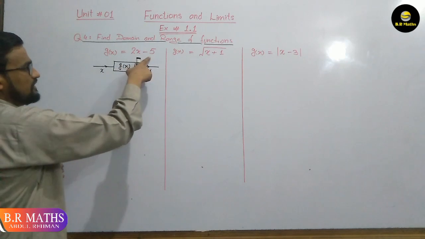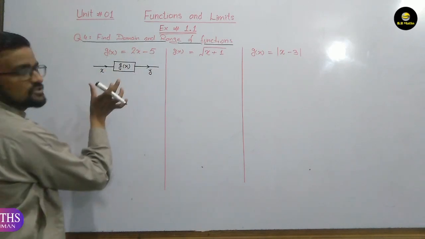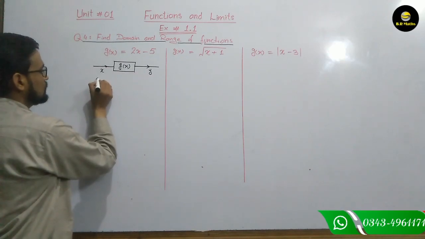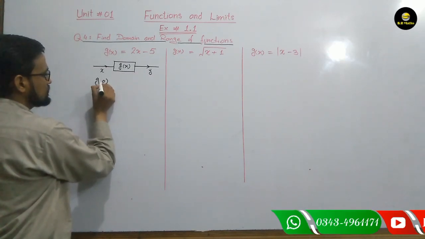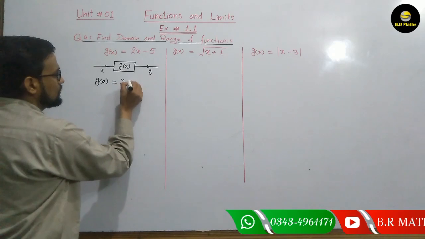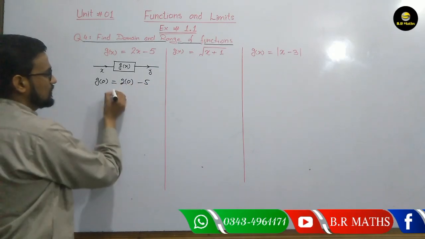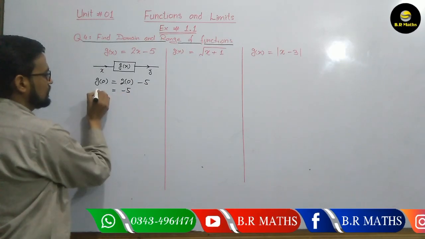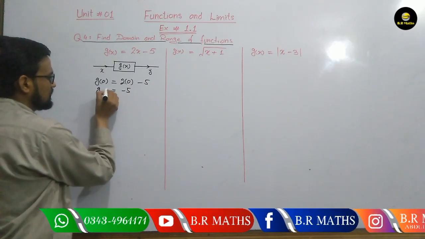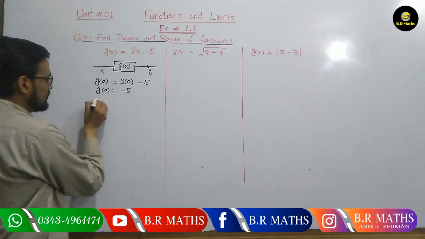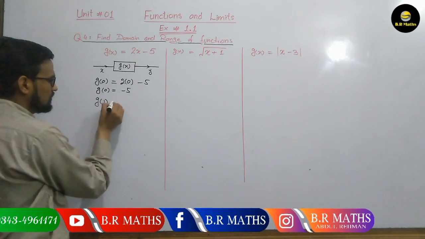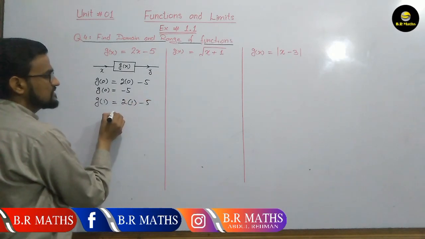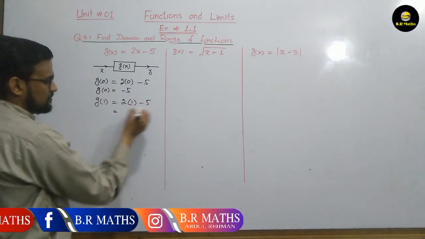So students, this is a very simple linear algebraic expression. So you can put any value. g of 0: 2 times 0 minus 5, and the result is minus 5. Similarly, you can put 1: 2 into 1 minus 5, and the result is 2 minus 5, which is minus 3.